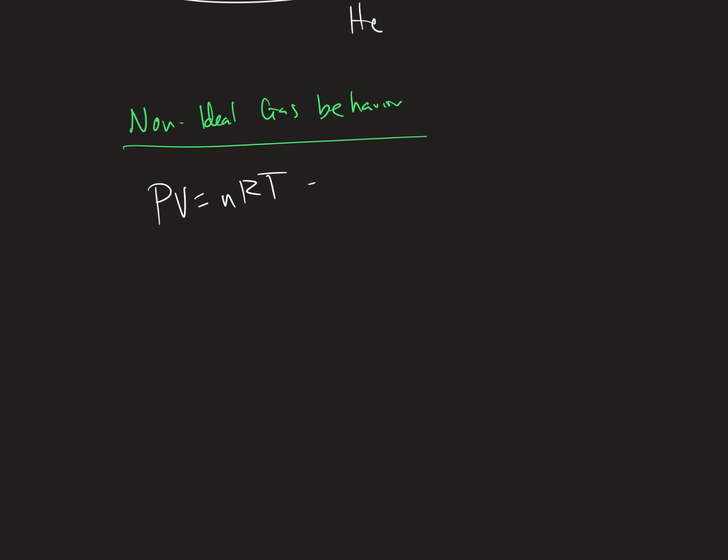And so it turns into: our pressure is going to change slightly to correct for the molecular attraction. Now we said gases don't really have intermolecular forces because they're so far apart, right? Do they really? Well, they do, but it's small. So if we're just making a prediction, ideal gas is great.